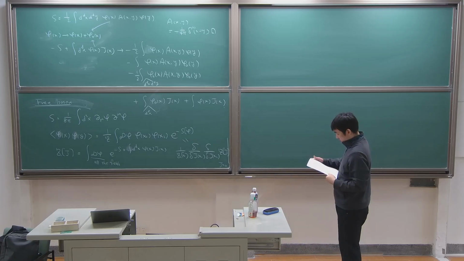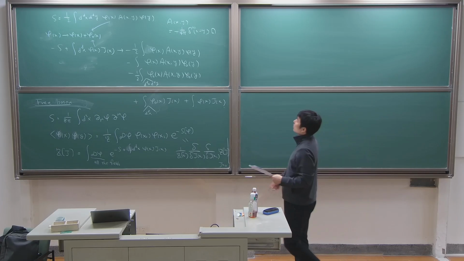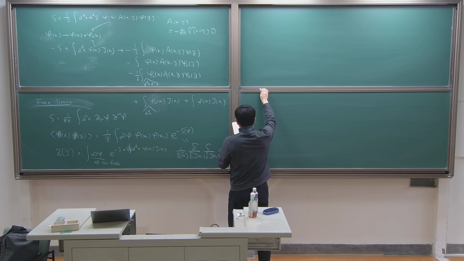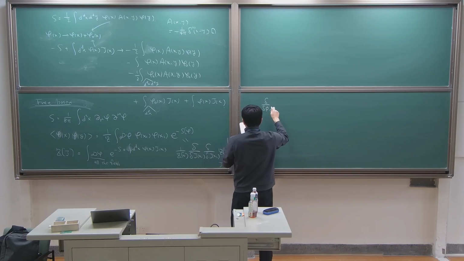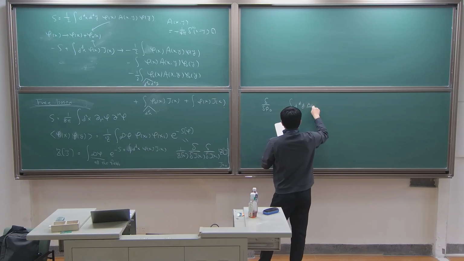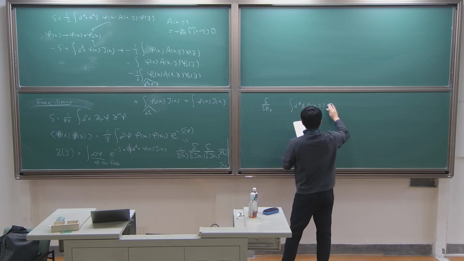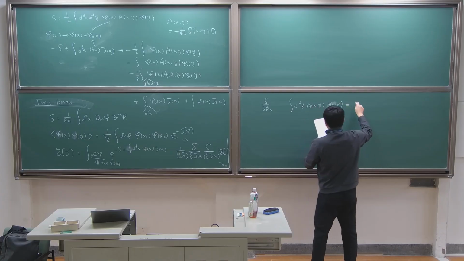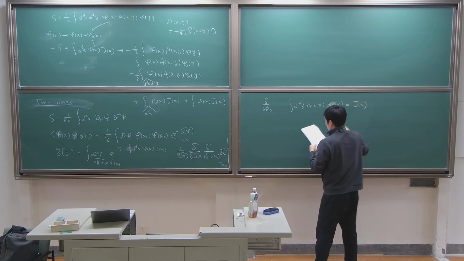If you take the equation of motion for phi 0, what we get is this: integral dy K of x y, phi 0 of y, is equal to j of x.